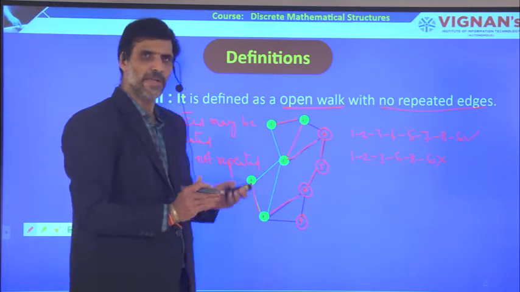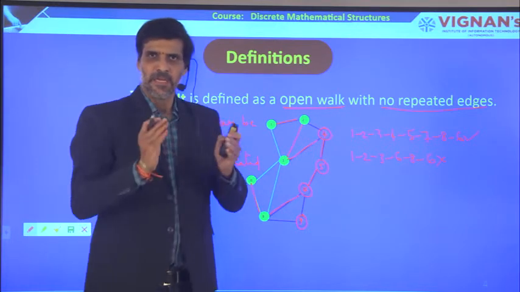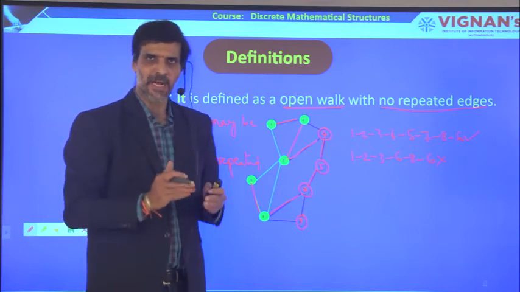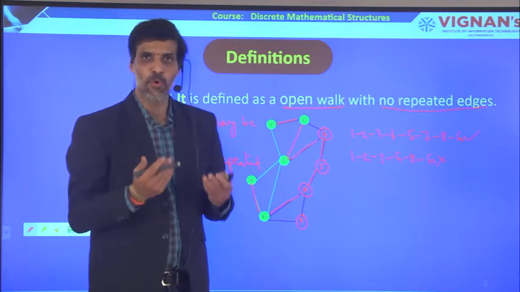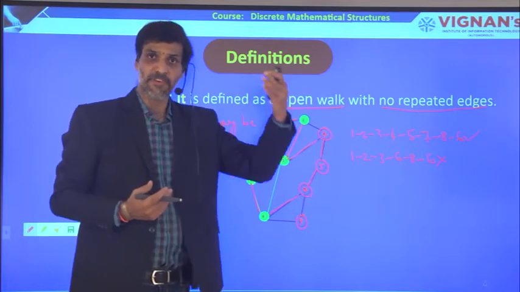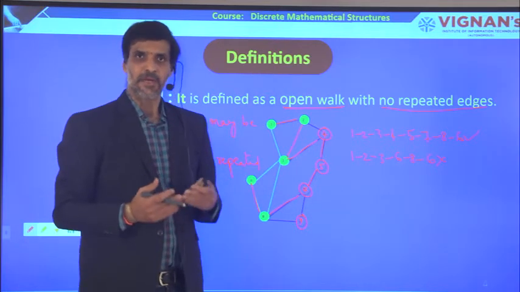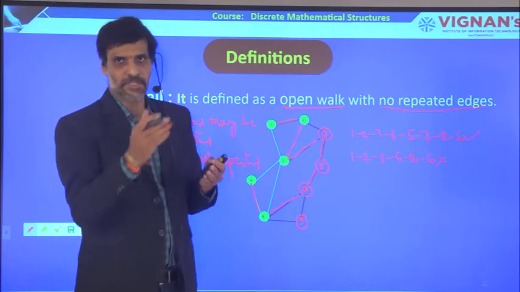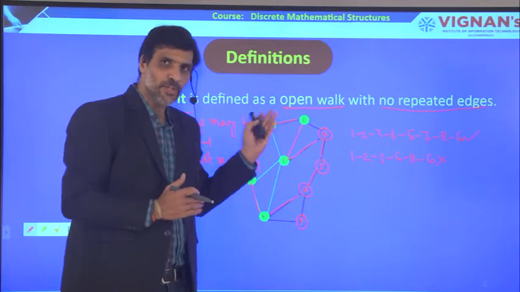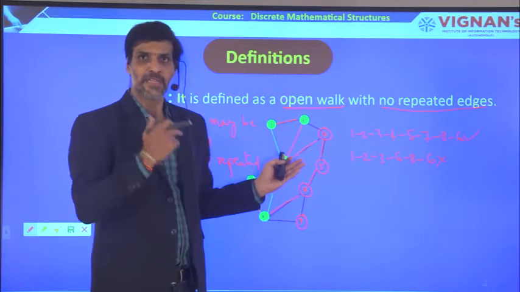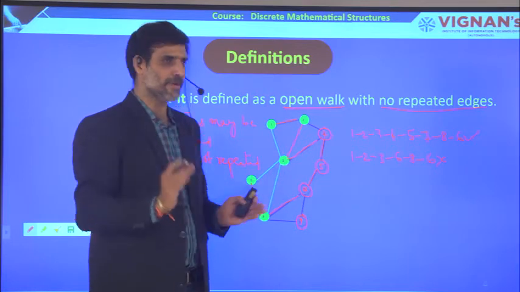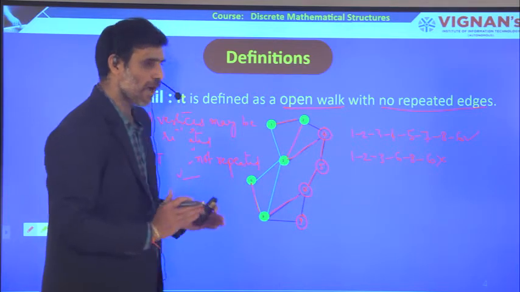The difference between walk and trial is, in a walk vertices and edges may be repeated, but in the case of a trial, it is an open walk where edges are not repeated. Only the vertices may be repeated. That is the difference between walk and trial.